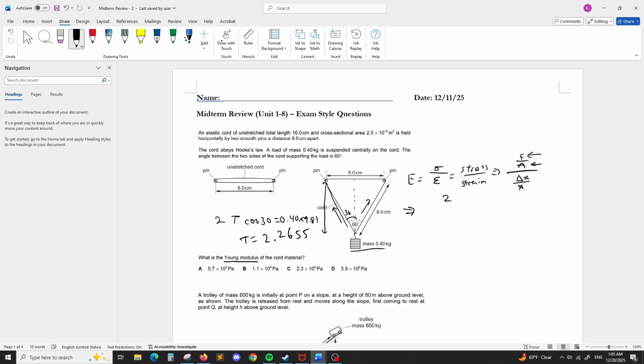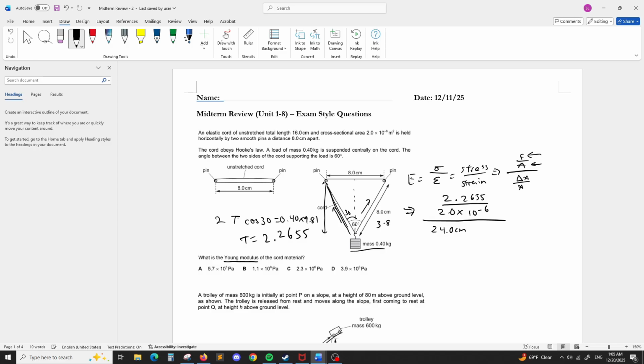So it's going to be 2.2655 over the cross-sectional area, which is 2.0 times 10 to the negative 6, over the change in x, which is the final minus initial. The final in this case is going to be 24 centimeters, simply because we have an equilateral triangle, right?